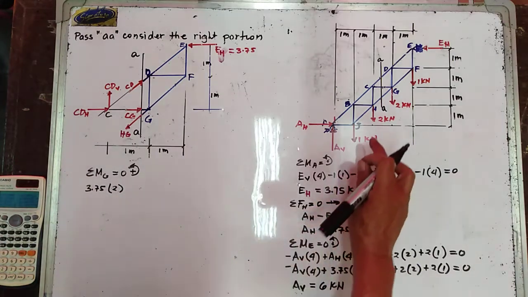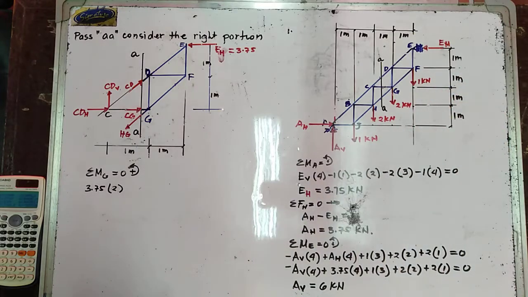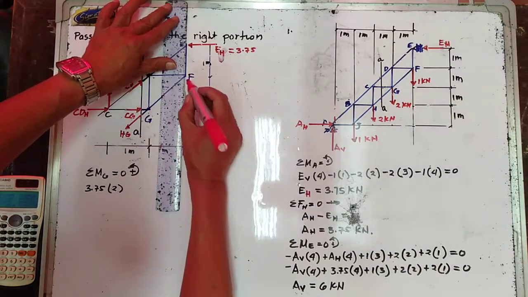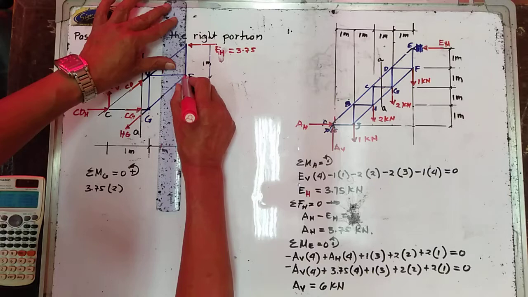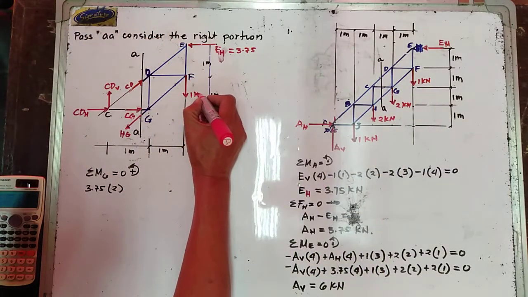And then, we still have the forces. So we are lacking forces. So we have a force 1 kilonewton at this point. So that is your 1 kilonewton.